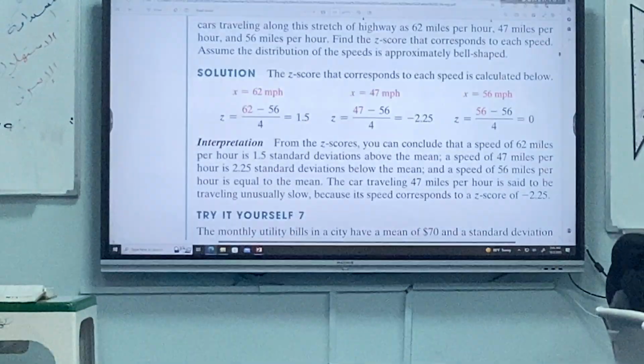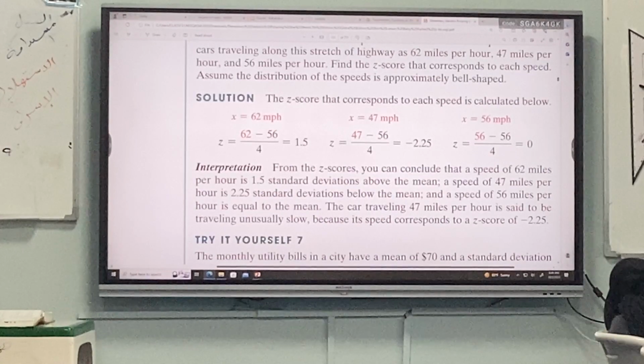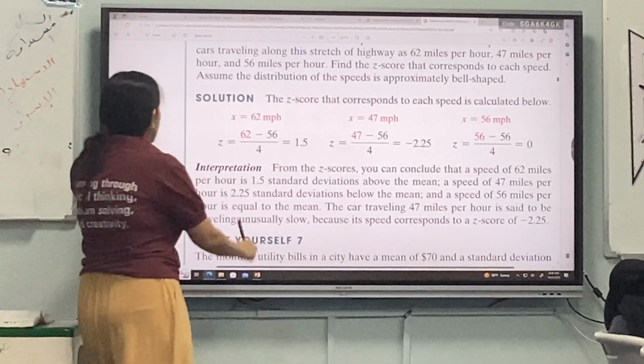It is how far away the data is from the mean. What's the standard reference? Your reference is 0. If that is positive or negative 2, it's unusual. It's standard deviations. Negative 2.